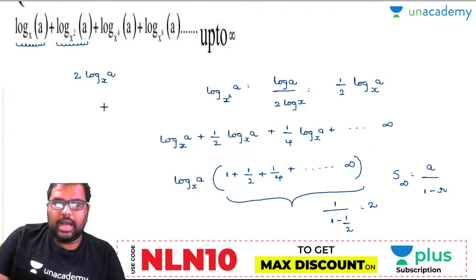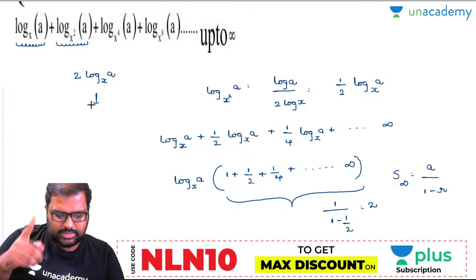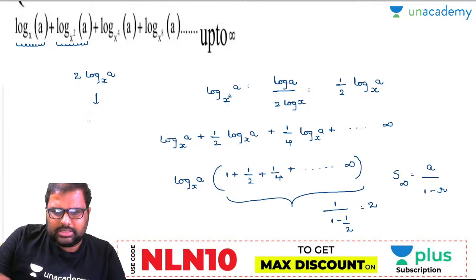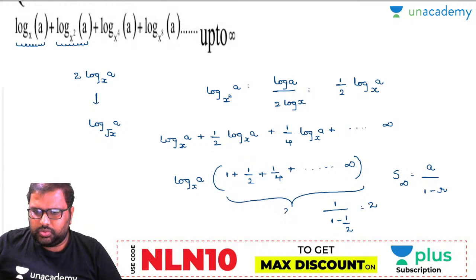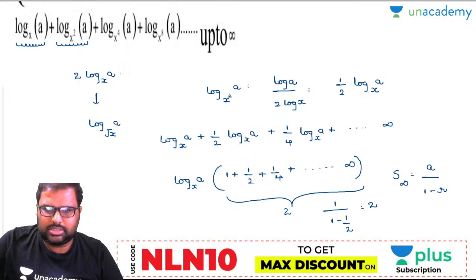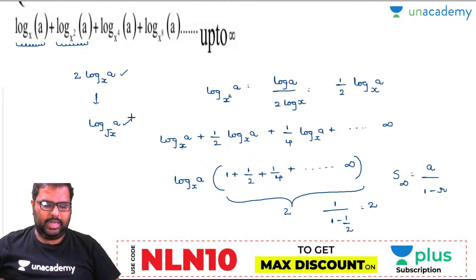Or otherwise, I can write the same thing in other ways, there will be many options. This was a question asked in one examination where MSQs are there. Can I write the same as log base root x a? Is it right? Please let me know, yes or no. This bracket value is 2 log base x a, so I can write this and I can write this.